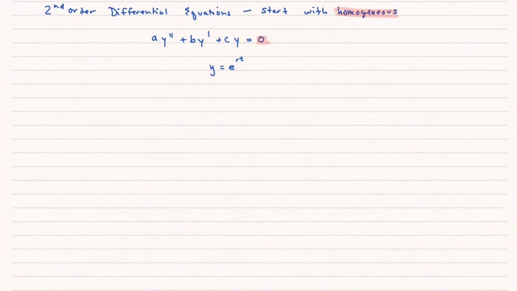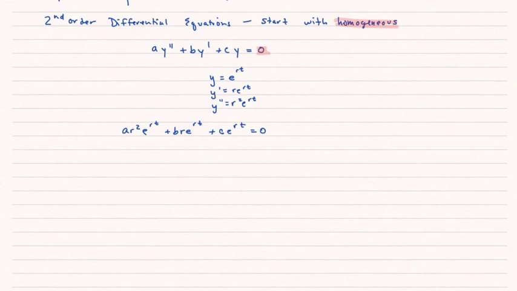Just like before, to substitute this back into our differential equation, we're going to have to find the first derivative and the second derivative. Once we do that, we're going to go ahead and plug that into our differential equation. Once I do that, I see that I can go ahead and factor out that e to the rt since it's in all three terms. What I'm left with is ar squared plus br plus c, and all of that equals 0.